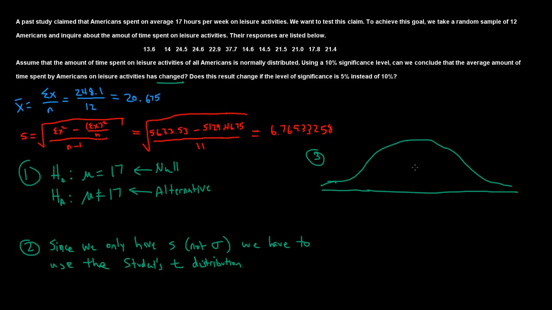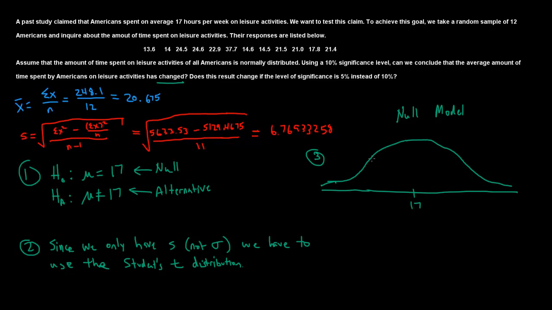Now, if this is the null model, if the null hypothesis is true, what is the mean? Well, the mean, right here in the middle, is 17 hours. That is assuming the null hypothesis is true. Now, how do we get our rejection regions?